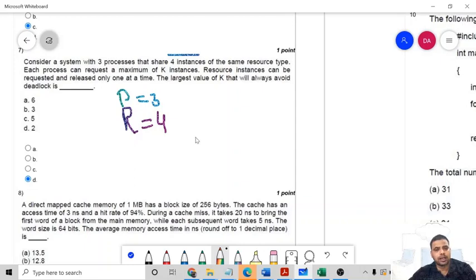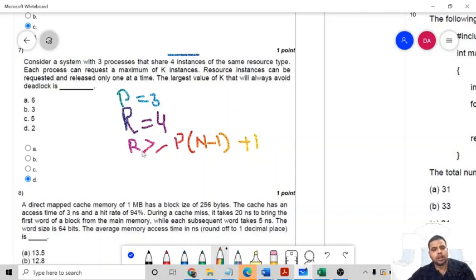The deadlock free condition is R should be greater than or equal to P(n minus 1) plus 1. So R is the total number of resources, P is the number of processes, and n is the maximum need for each process.